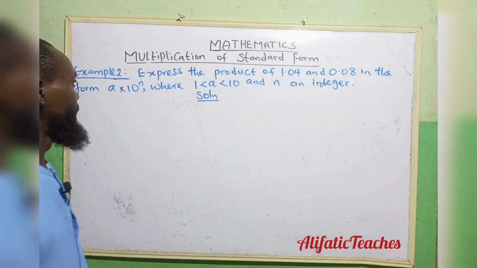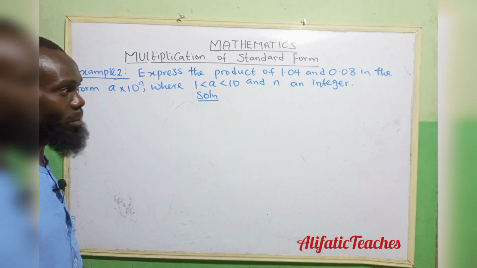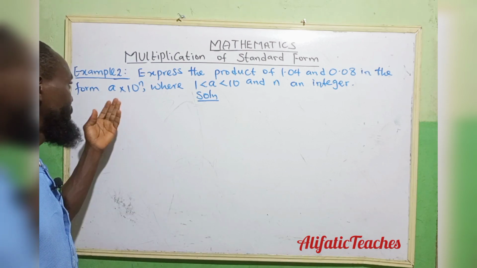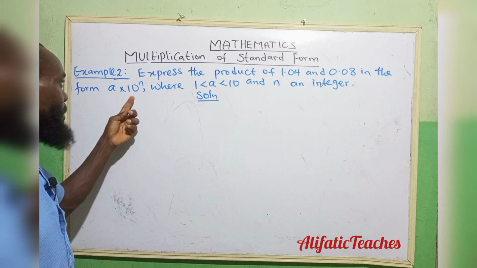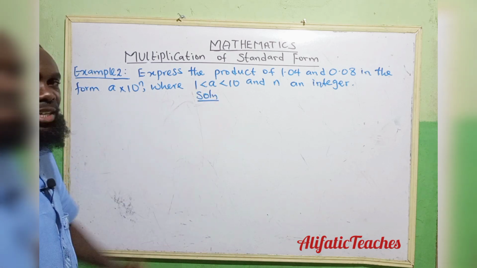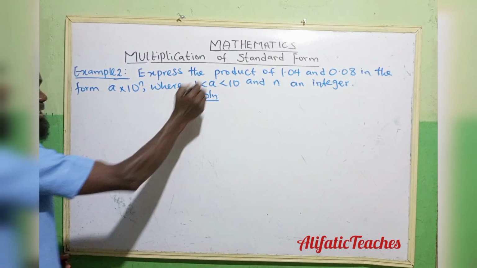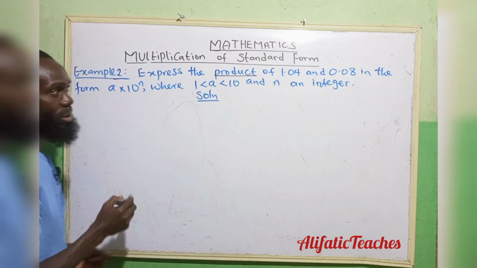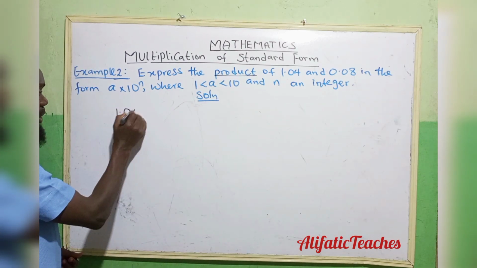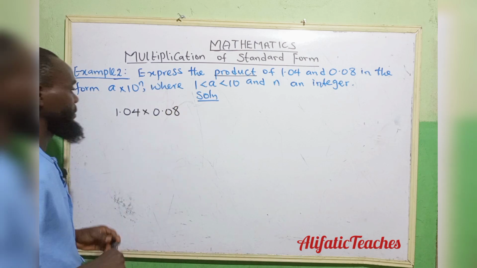Example 2. Express the product of 1.04 and 0.08 in the form A multiplied by 10 raised to the power n, where 1 is less than or equal to A less than 10 and n is an integer. Product means multiplication, so we have 1.04 multiplied by 0.08.